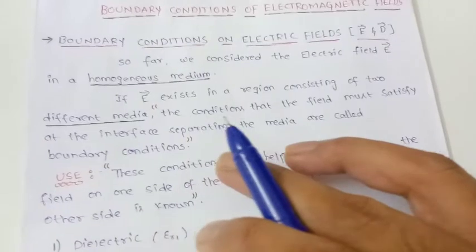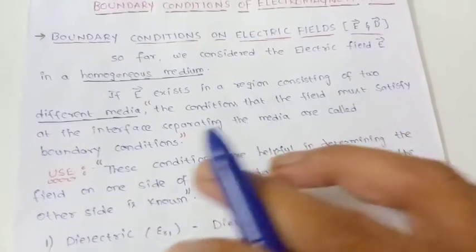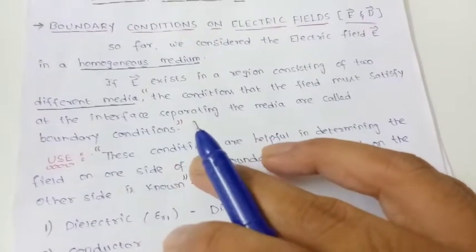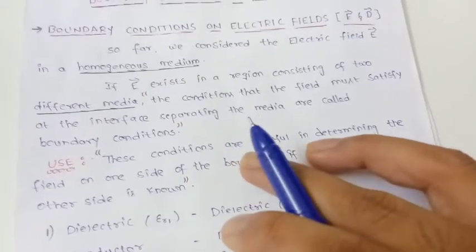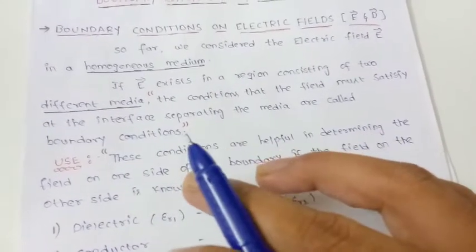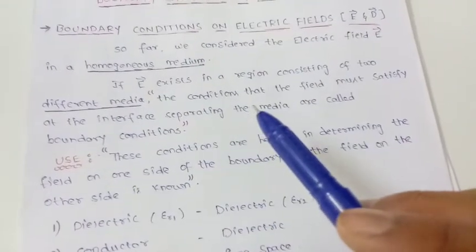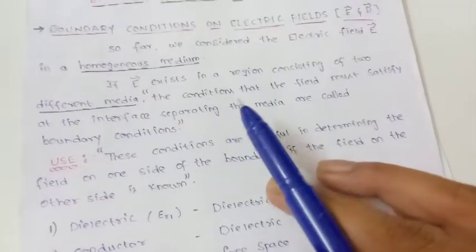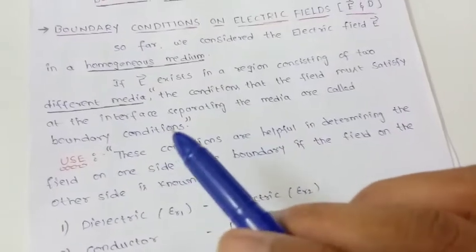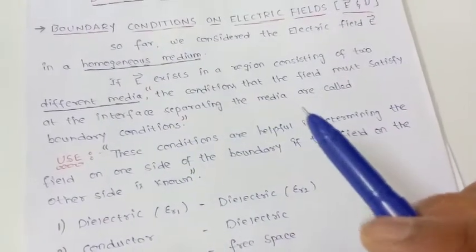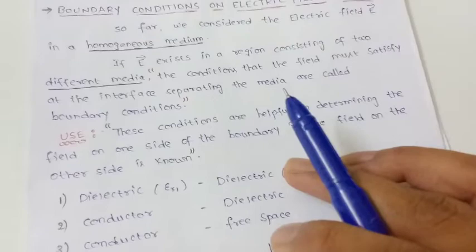The conditions that the field must satisfy at the interface separating the media are called boundary conditions. Are you clear?